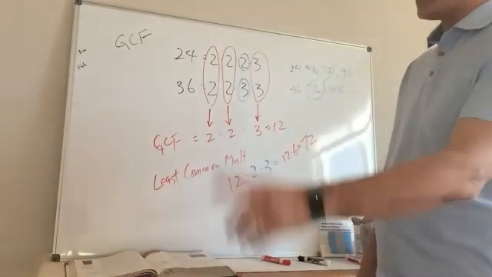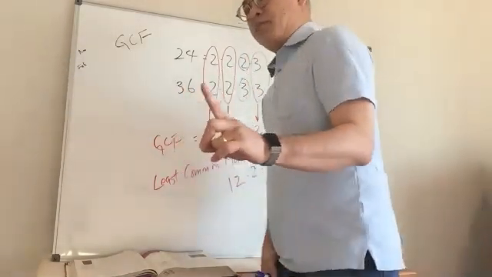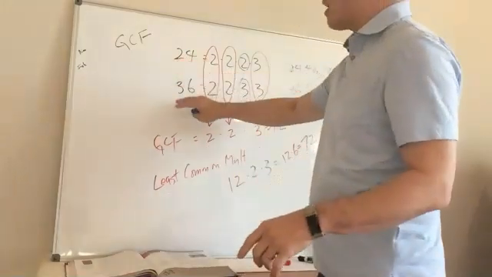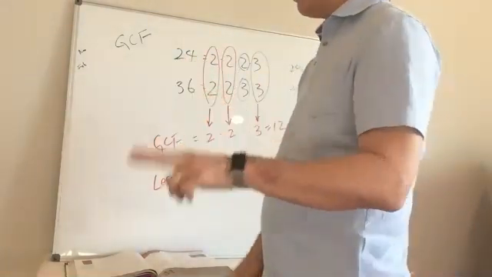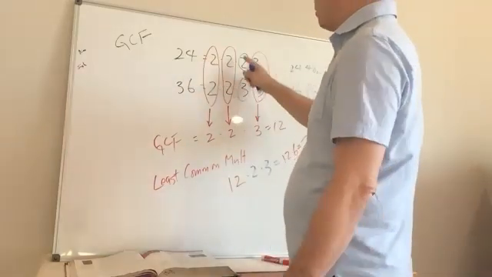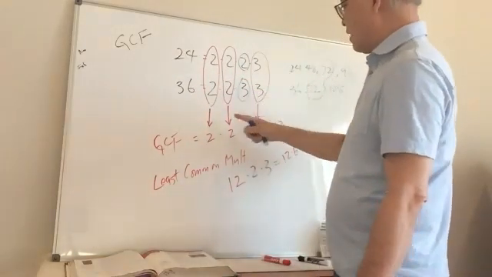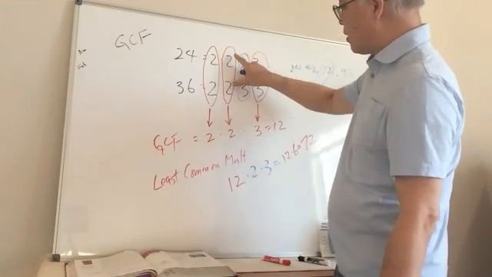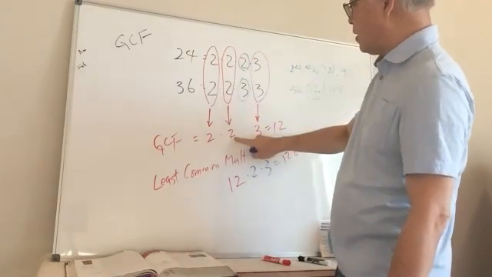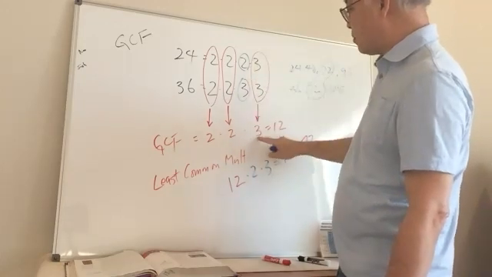Okay, all right, so step one. The step one is you find the prime factorization of both numbers. Step two, circle the common ones together. And then you take them, so you have the share of the 2, so you put that here. You share another 2, so you put that another 2 here. Share the 3, so you put that there.